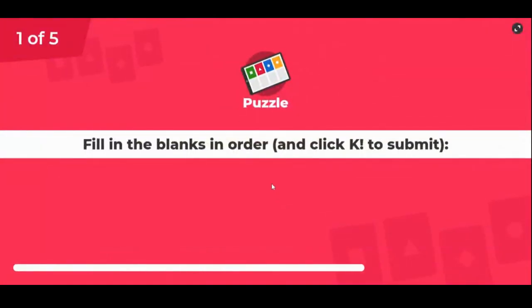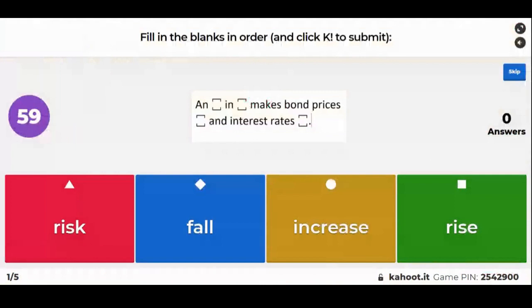This is a new kind of problem. You have to move the words into the correct order. So a blank in blank makes bond prices blank and interest rates blank. Pull each of these into the correct order, and when you've finished, click the OK button at the bottom to submit your answers.